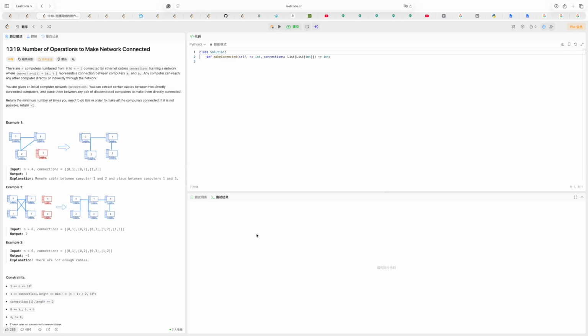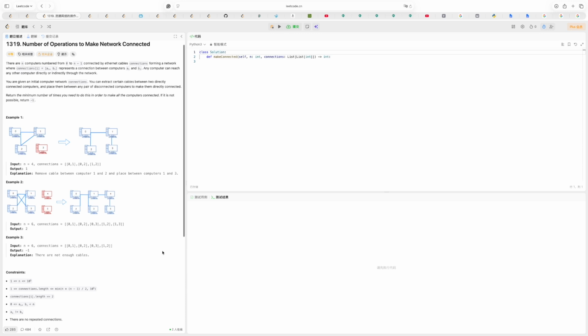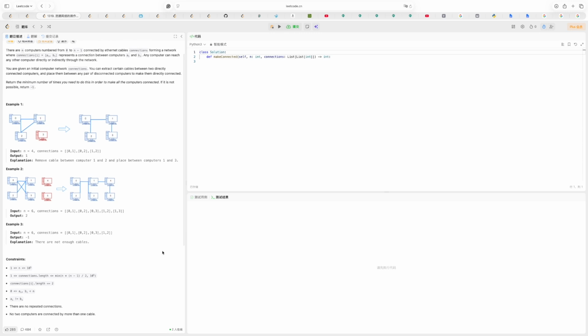No. Okay, there are no repeated connections. That means no two computers are connected by more than one cable. Okay.